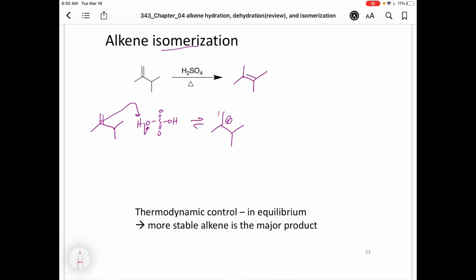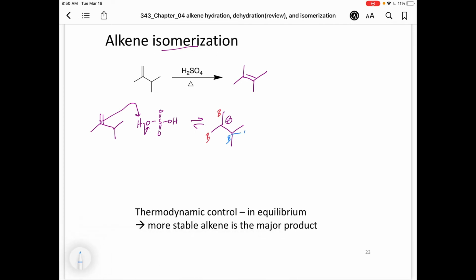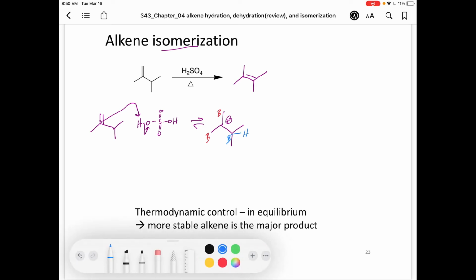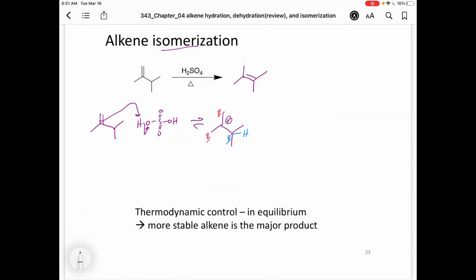So here's our beta carbons, right? Now, our beta carbons in red there would give this less substituted alkene. And we know from our E1 studies that actually we want to take from this blue beta carbon because this would give us a double bond that's more substituted. So this is really all alkene isomerization is: it's making a more stable alkene through something we've kind of talked about before.